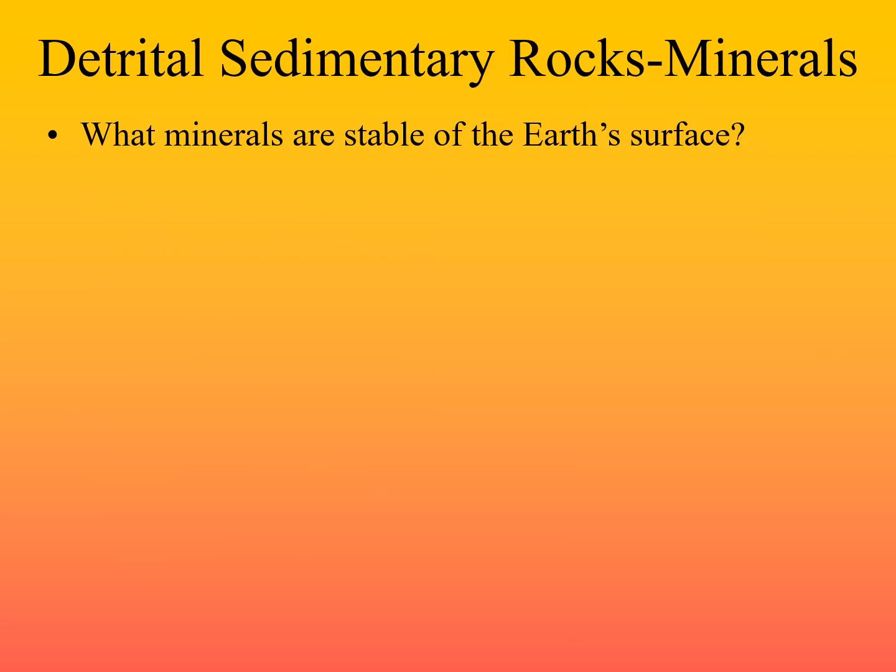And for detrital sedimentary rocks, we have to really think about what minerals, based on what we've learned about minerals and where they form, which ones are more stable at the Earth's surface. And I'll remind you here that we talked about the Bowen's reaction series and how olivine and pyroxene and certain minerals, they like to form at deep pressures and at high temperatures, and so they're preferentially stable under those conditions.